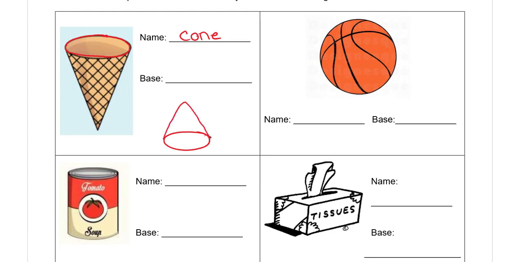That base is going to be a circle. Okay. And then it kind of looks like a triangle, right? It is rounded, so we'll discuss a little bit more about a cone later.